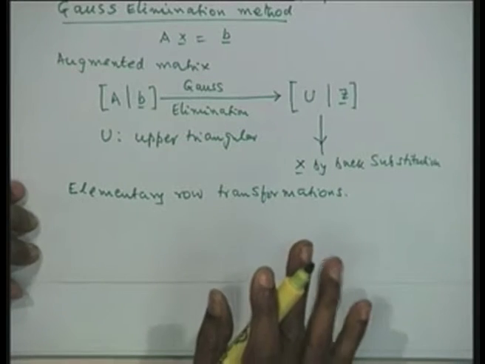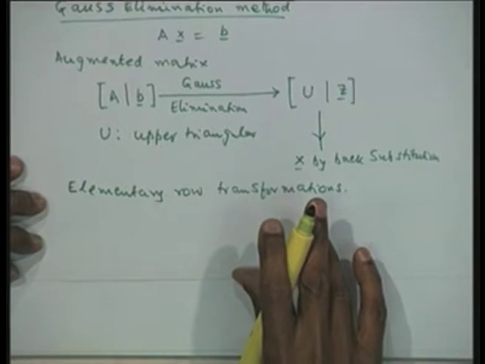Now, let us describe what is an elementary row transformation. It is a transformation which you already know, that from any given row of a matrix I can add or subtract a constant multiple of another row.